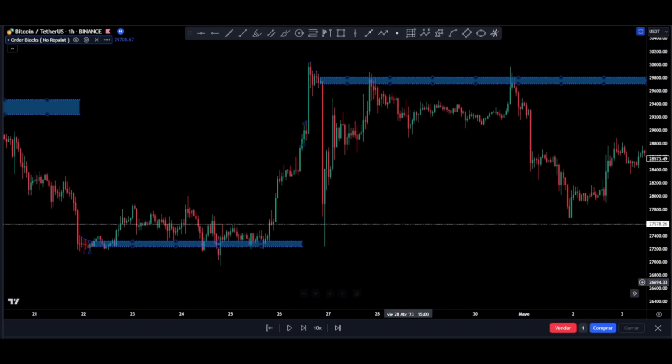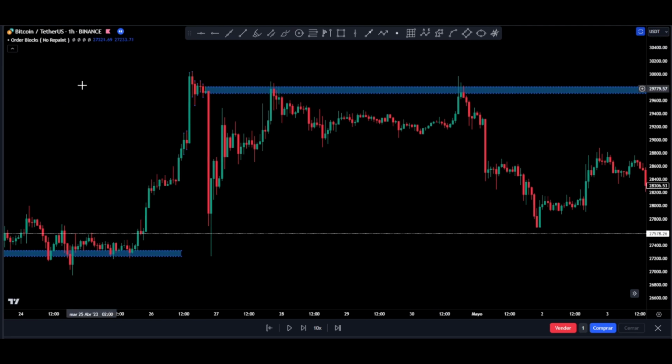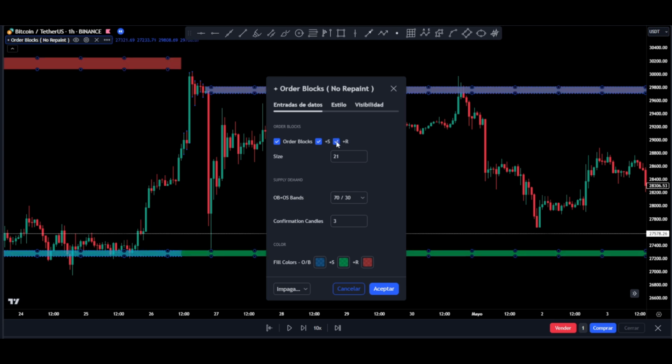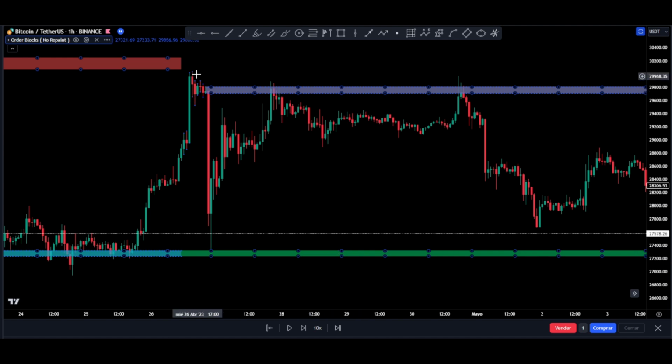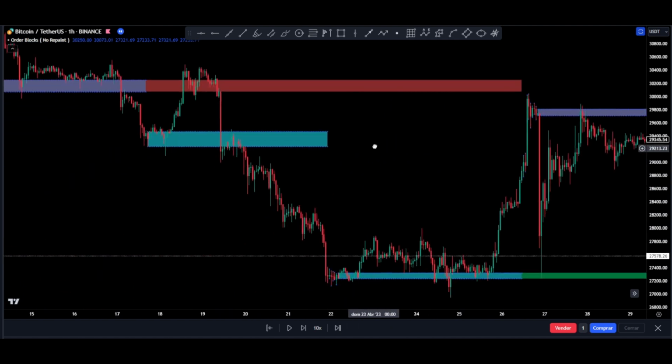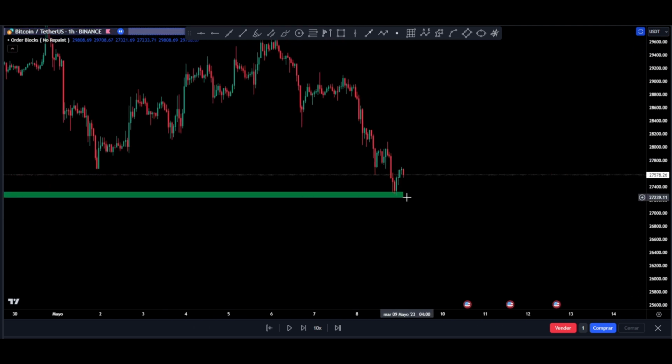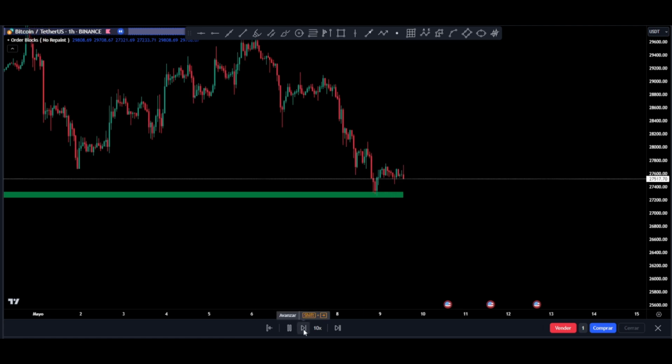Well, now let's go ahead and see some other features of this indicator from the control panel of the indicator. We activate these 2 functions. These functions, which appeared in red and green, extend the area of the order blocks according to the nearby support and resistance. As we can see, it also works well and shows the important places for candle retracements.